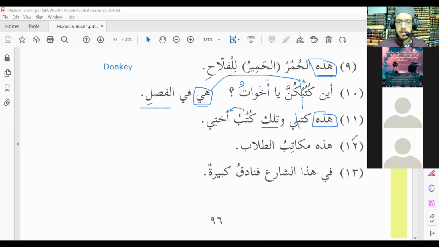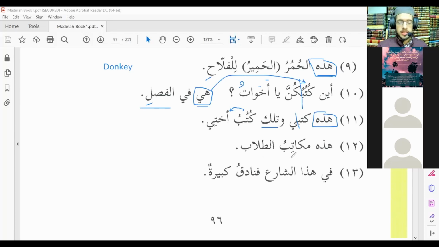Number 12, Sister Musarrat. هذه مكاتب الطلاب. These are the maktab is table, I think, right?